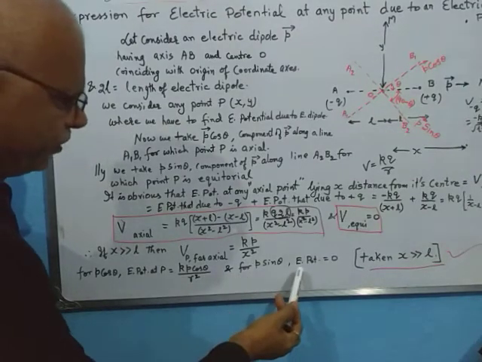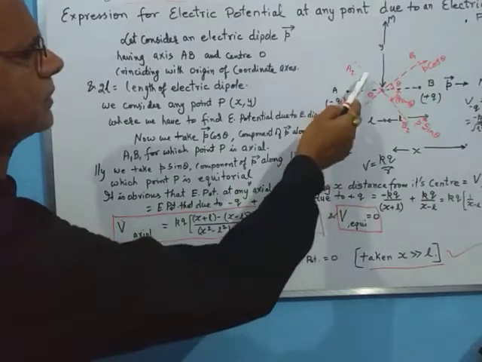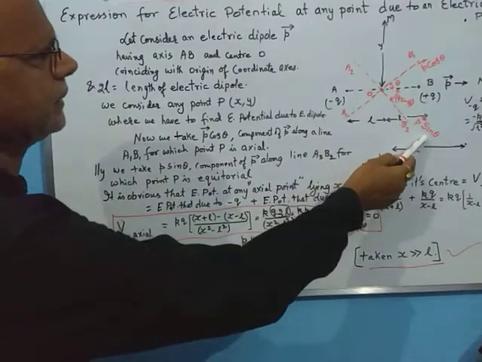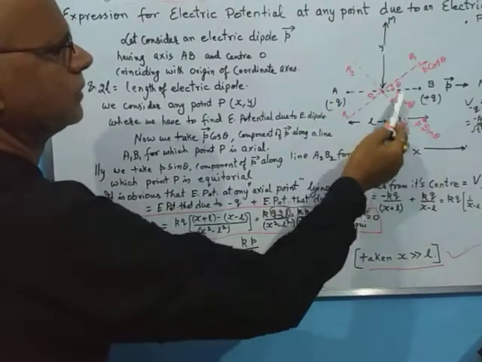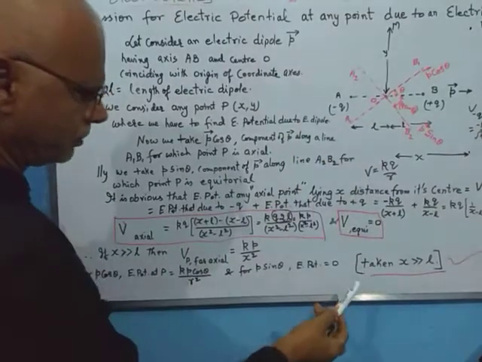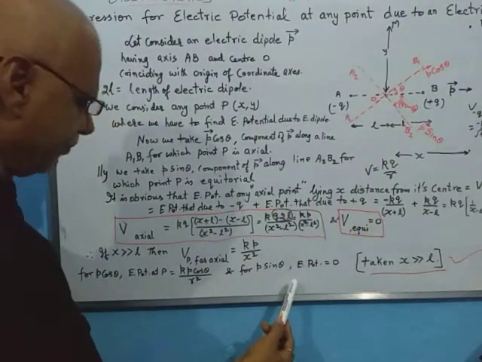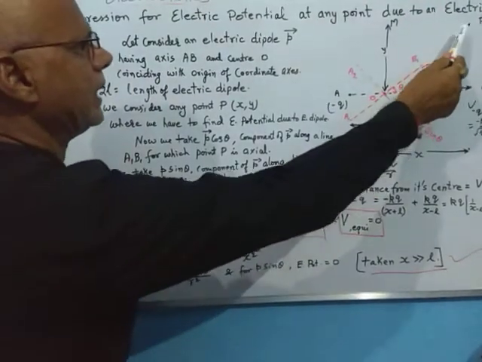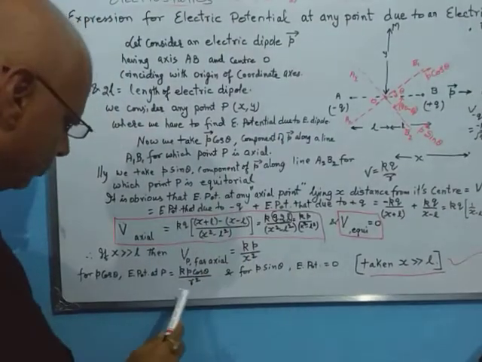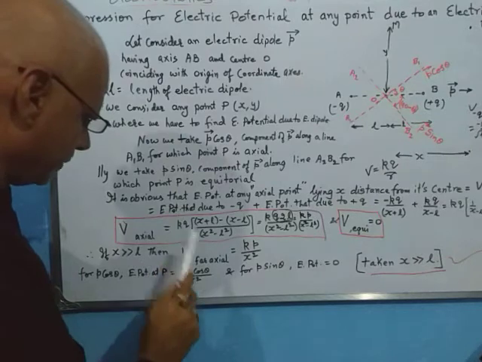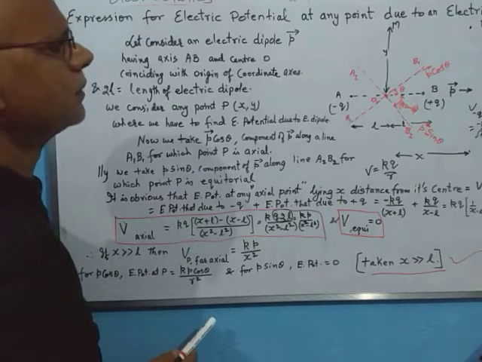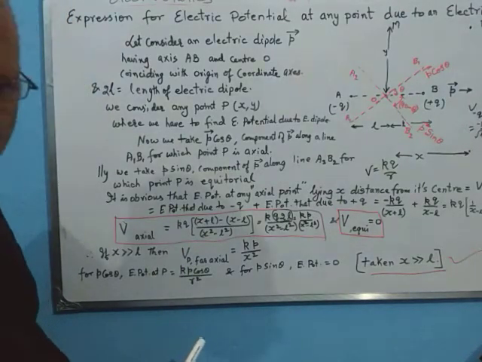And for the component P sin theta, that point becomes an equatorial point, and for an equatorial point the electric potential is always 0, and therefore the total electric potential at point P will be due to the component P cos theta only.